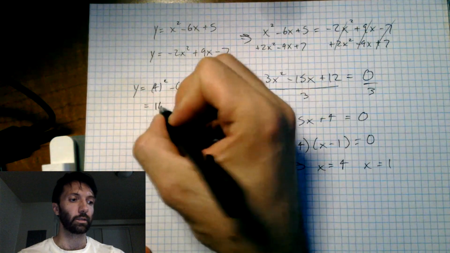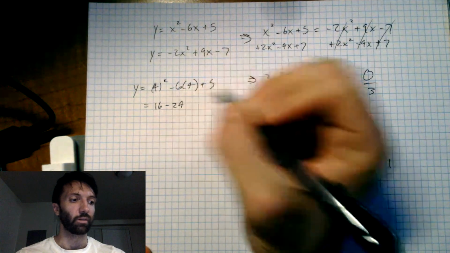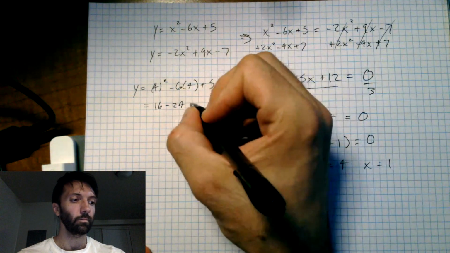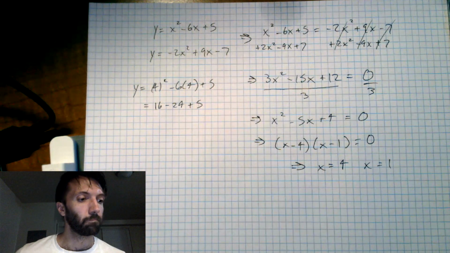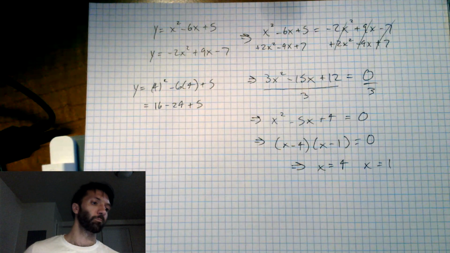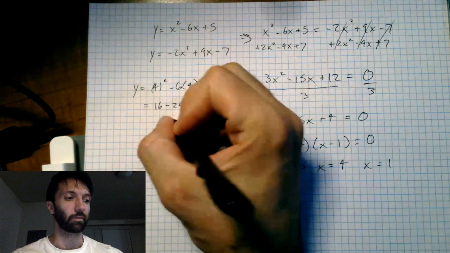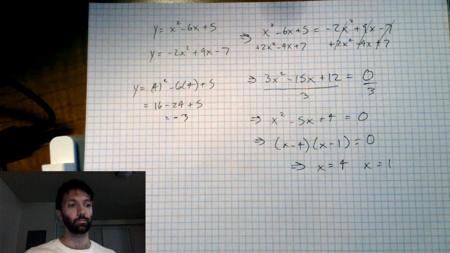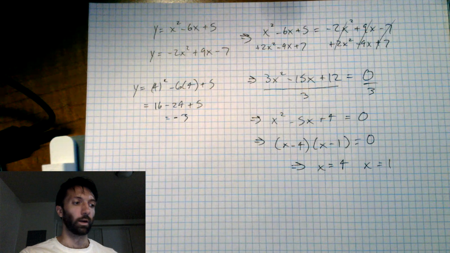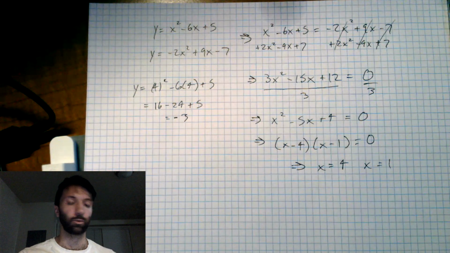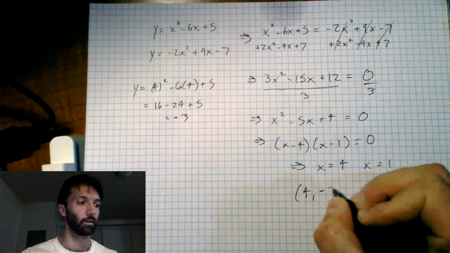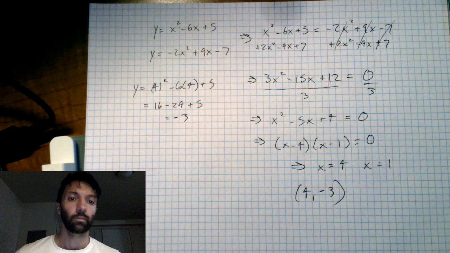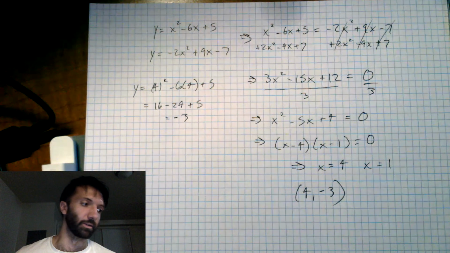So we've got 16 minus 24 plus 5, and this is going to equal negative 3. So my first solution is going to be 4 comma negative 3. That's the one ordered pair where these parabolas intersect.